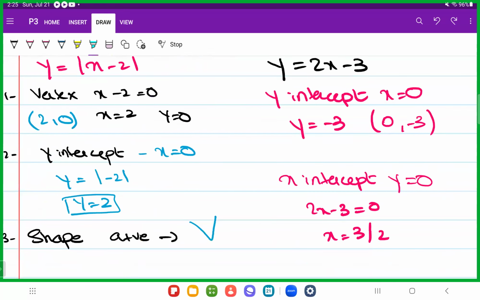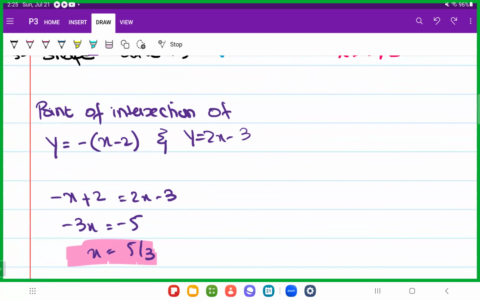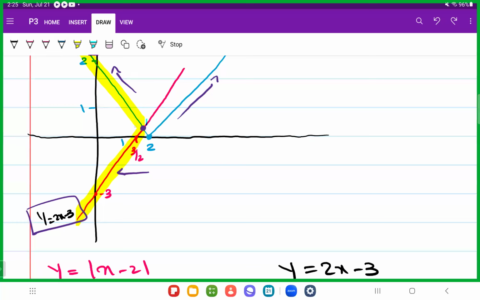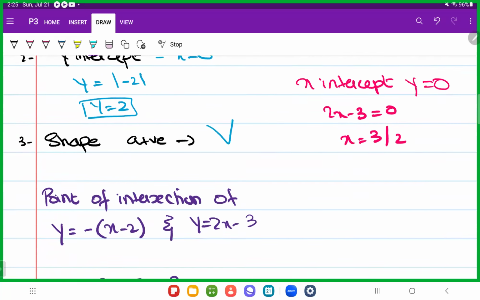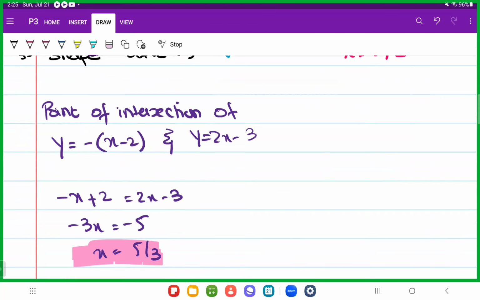Wait, let me look over here. You do all of this. Then you find out the point of intersection. So this point of intersection will basically be your answer. Once you find the point of intersection, you will be telling them that it's lesser than this region. So how do you find the point of intersection? These are my two graphs. You just have to equate them, all right?